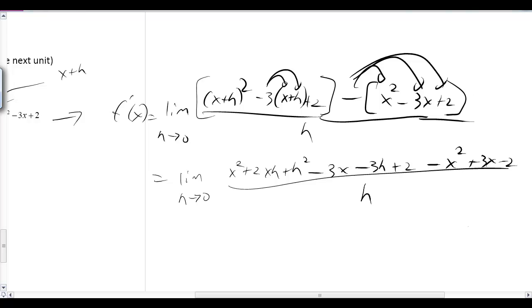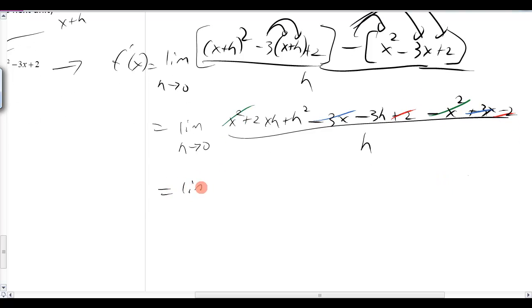Now let's do some simplification. Negative x squared and positive x squared subtract away. Positive 3x and negative 3x subtract away. And negative 2 and positive 2 subtract away. That is leaving us with the limit as h approaches 0 of 2xh plus h squared minus 3h, all over h.